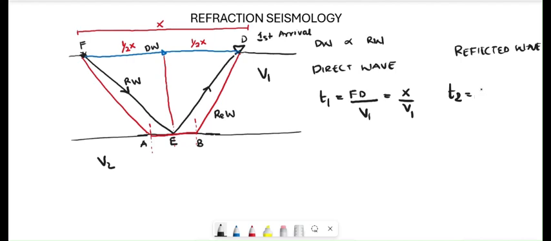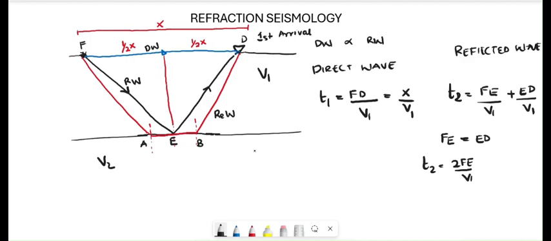It's going to be FE divided by V1, they are in the same material so the same velocity V1, plus EB over V1. But if you look carefully, because it is reflection, we will know that FE is equal to ED. So I can say that T2 is equal to 2FE over V1. Do you get it?